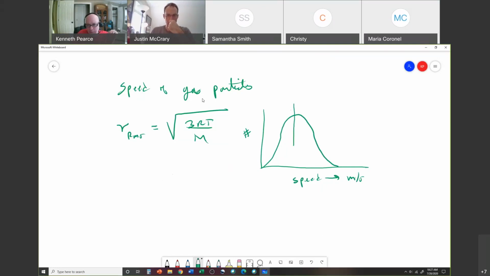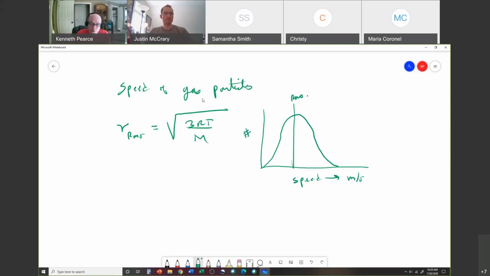It's right about there. Okay. And the RMS speed is the root mean squared speed. And basically what it means is that 50% of the particles have a higher kinetic energy and 50% have a lower. So it really represents the average kinetic energy is what it represents.